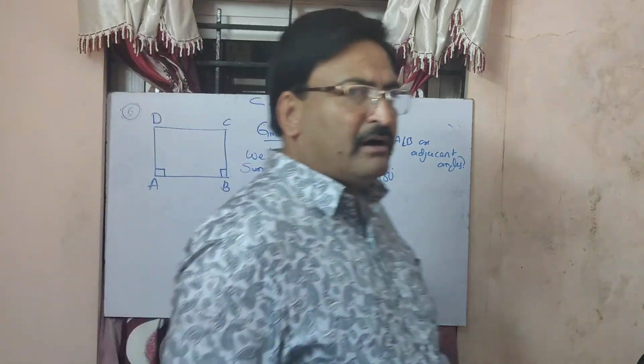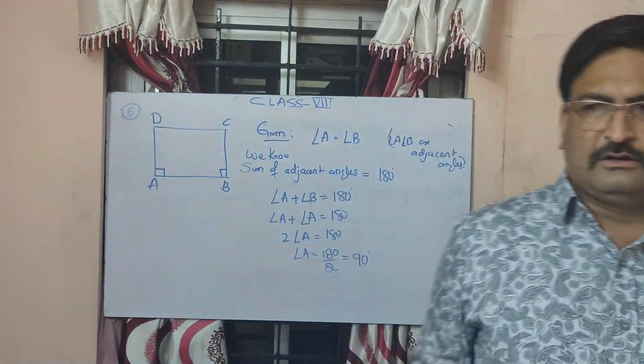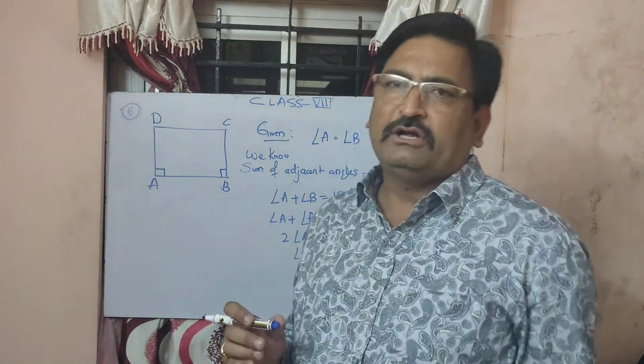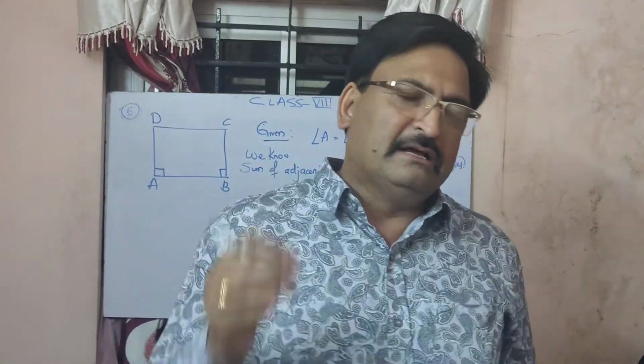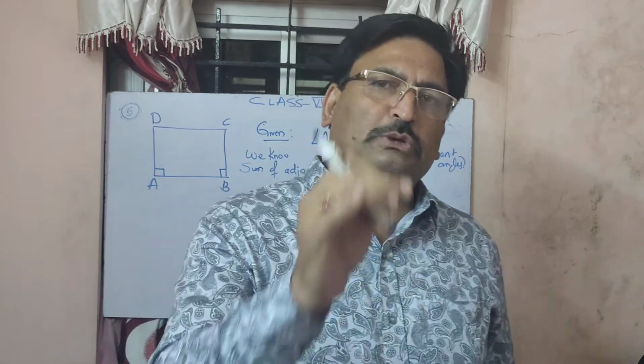You might remember one property of a parallelogram: if one of the angles is equal to 90 degrees, then all the angles will be equal to 90 degrees.